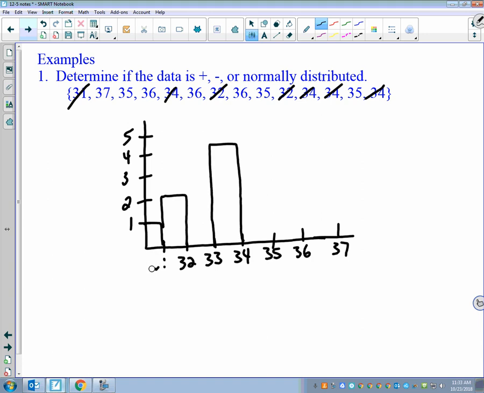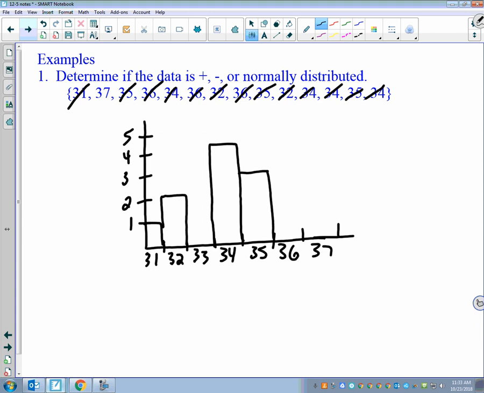I don't like this numbering that I did, so I'm going to change this. It should be 31, 32, 33, 34, 35, 36, 37, right? 35, one, two, three. So that would be here. 36, one, two, three. That would be right here. And 37, there's only one 37.